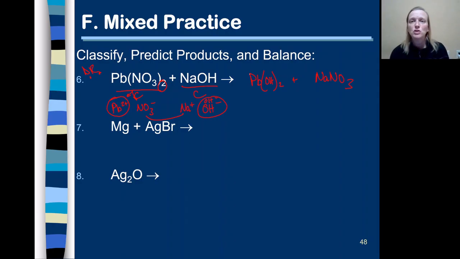And then I need to balance this chemical equation. I need two NaNO3s to balance out the nitrate ions. And I need two NaOH to provide the two sodiums and the two hydroxides that you see in the lead(II) hydroxide.